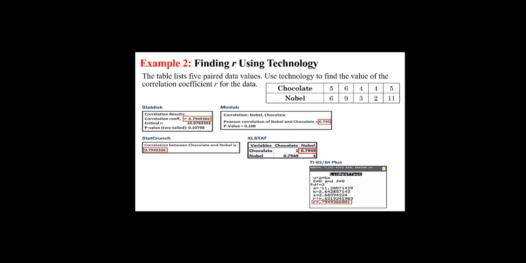That is the value of R. Whether you use StatDisk, Minitab, StatCrunch, Excel, or a TI calculator, the value of R will be automatically calculated, and all of them give you something like 0.795.